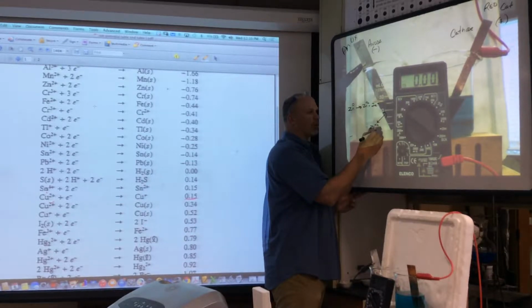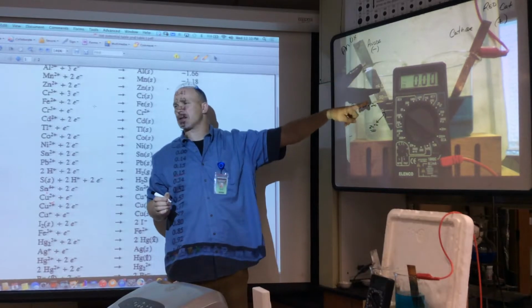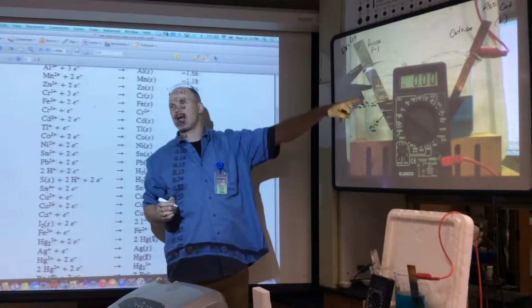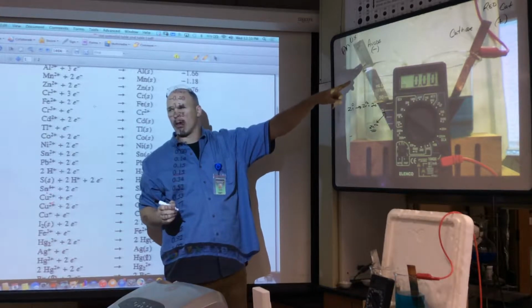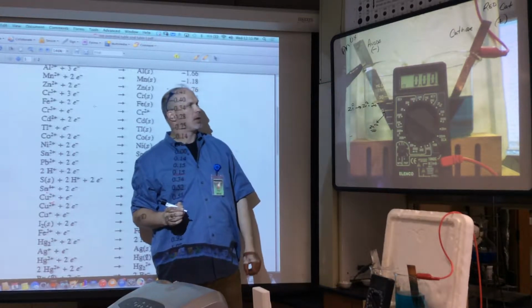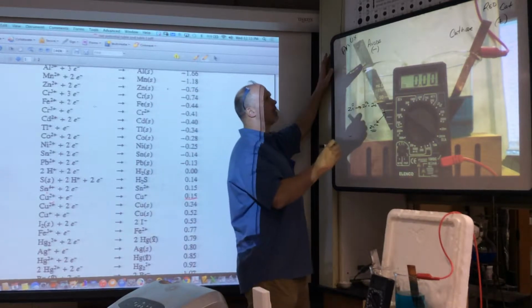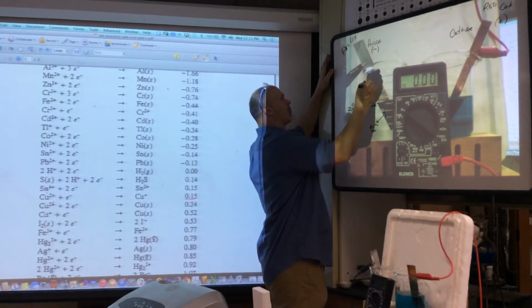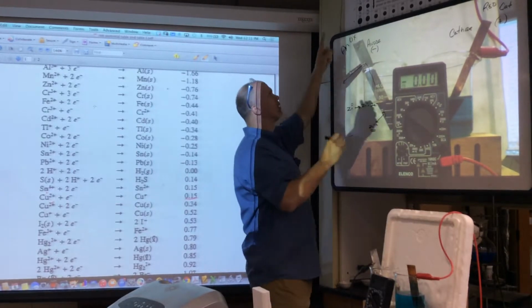When you are charged, you're now aqueous. So what's happening to the mass of my solid zinc anode? The mass is getting smaller.